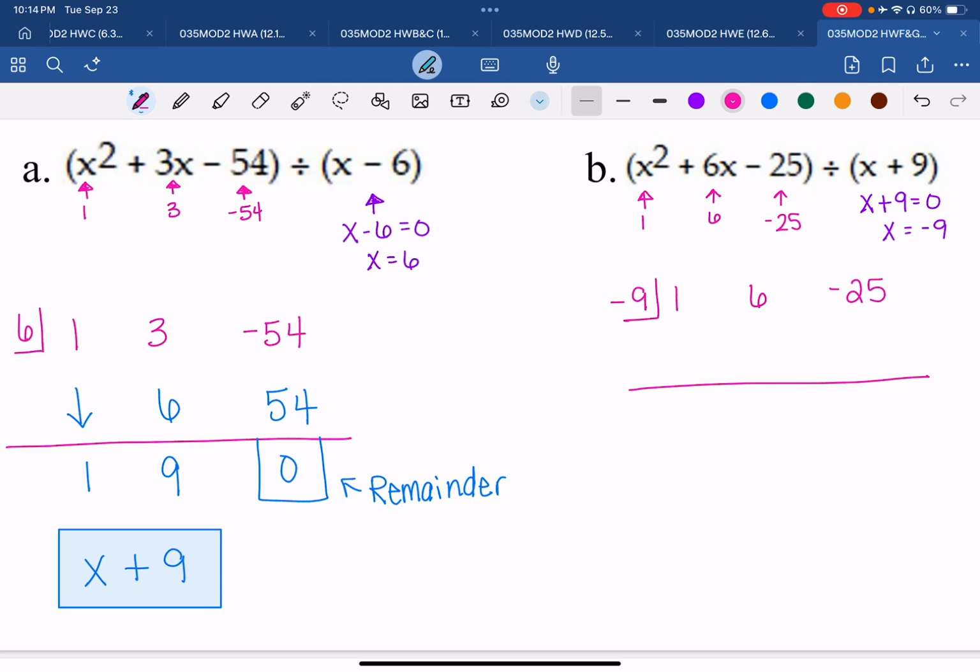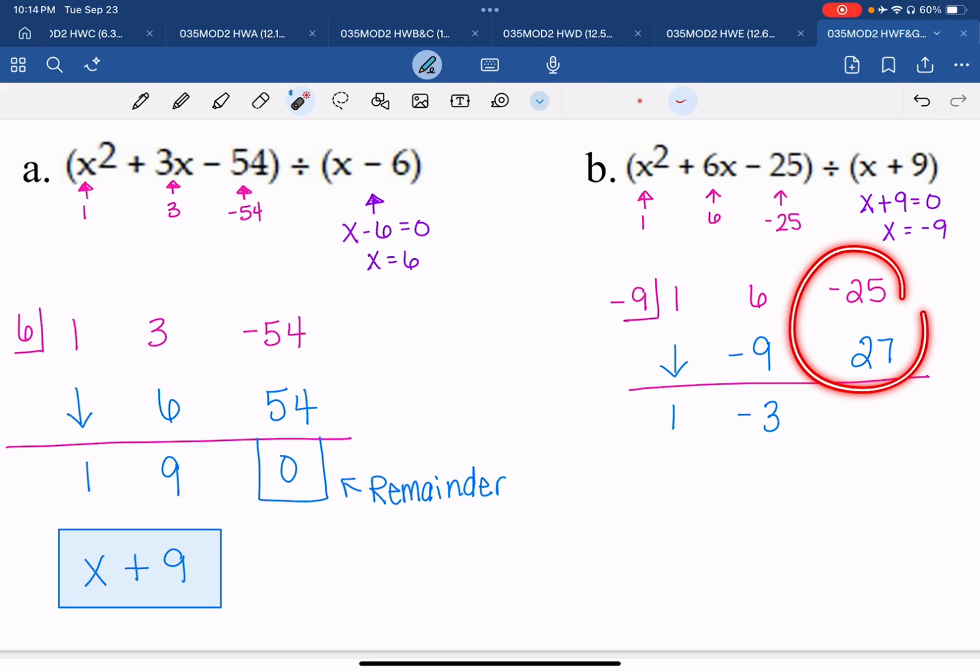So I'm going to start by dropping down my 1. Then multiply, add, multiply, and then finally add.